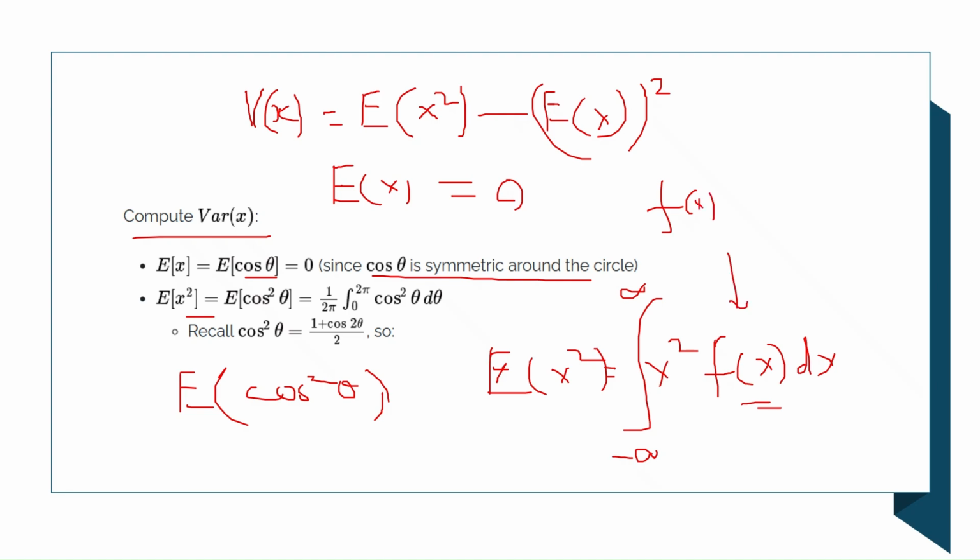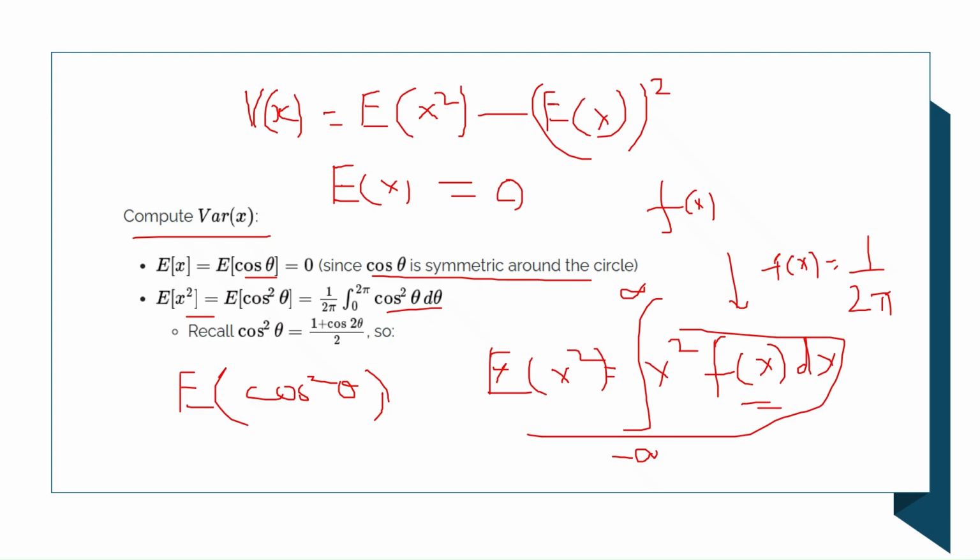Now, because it's distributed from 0 to 2 pi uniformly, f of x becomes equal to 1 over 2 pi because it's a uniform distribution. And the integral limit becomes 0 to 2 pi because that's the range of our random variable. We don't have to go from negative infinity to infinity. And x square is cos squared theta.